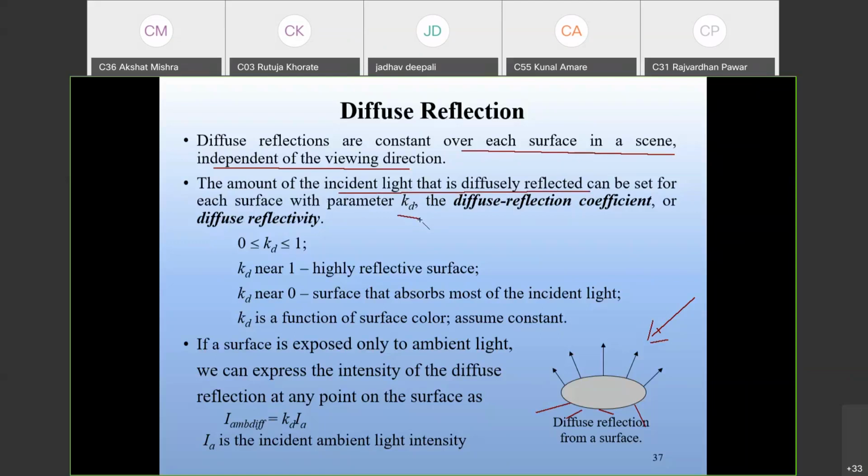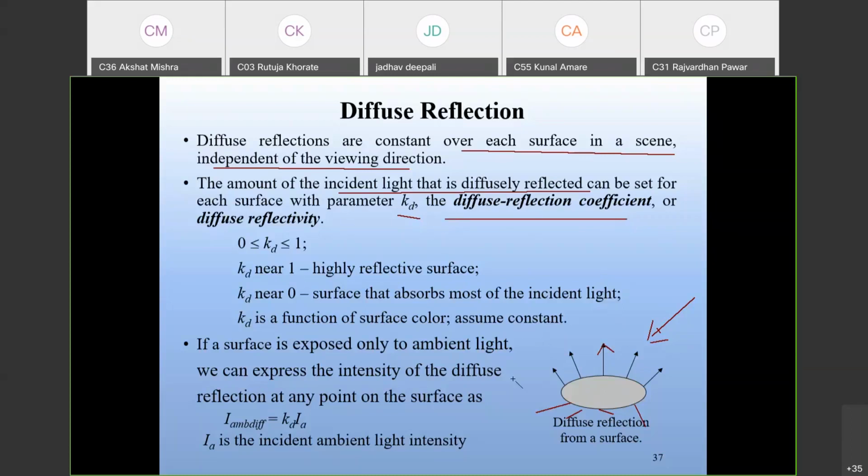Now for the diffuse reflection coefficient we use the parameter Kd, or diffuse reflectivity. Once the light is incident on the surface, the reflected light's parameter is Kd, the diffuse reflection coefficient.